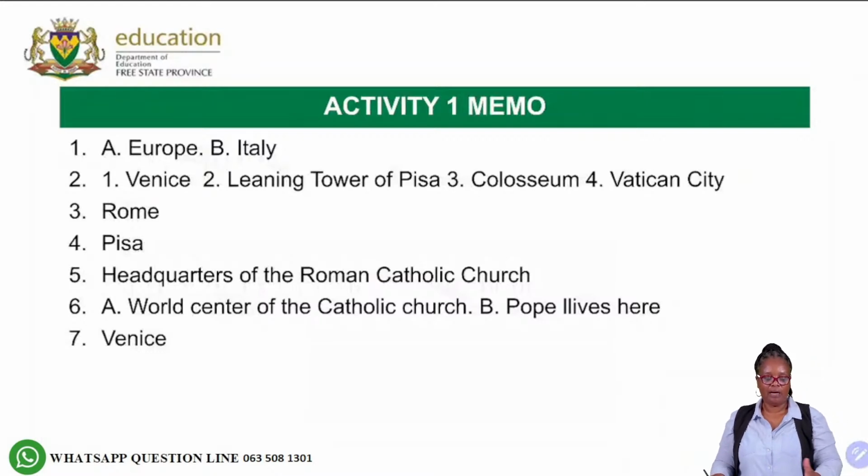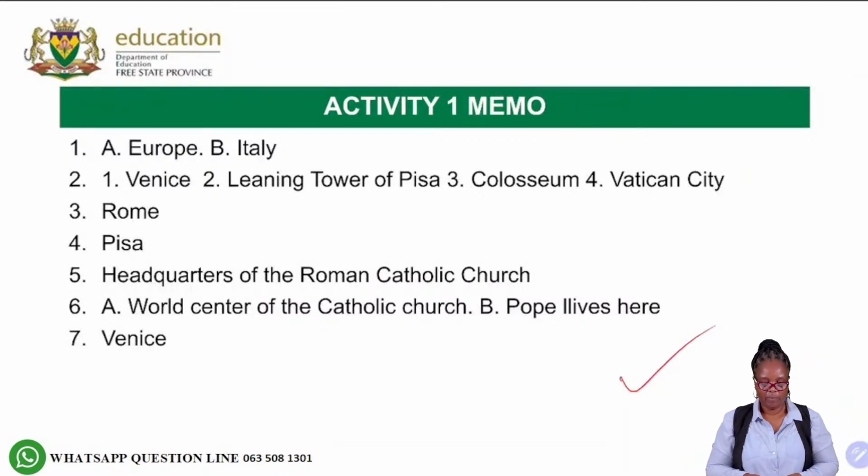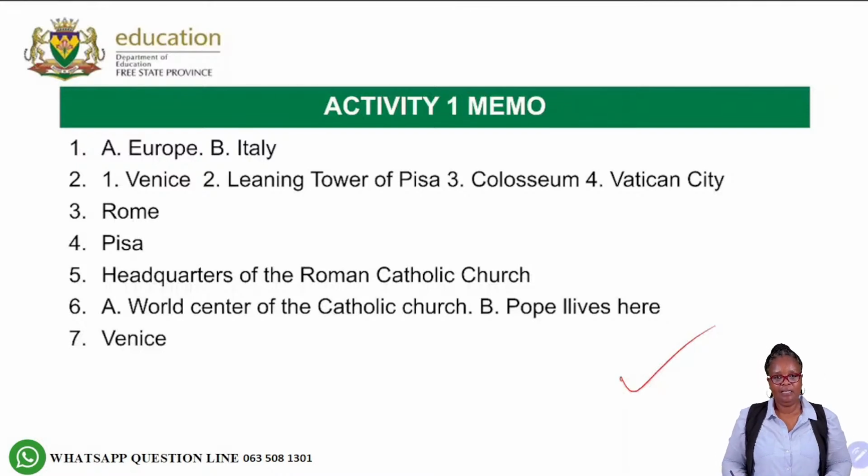If we have this, we have the memo here is number 1, Europe and Italy. We have all of this. If we have this, then it means you are listening to what I was saying. This is how the question about the icon can be asked in the question paper. Don't expect straightforward questions.